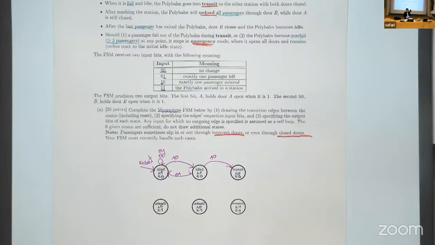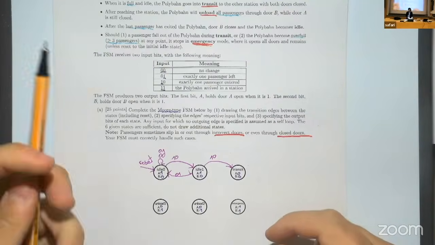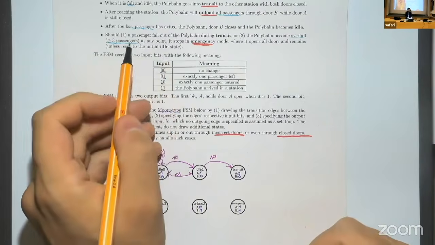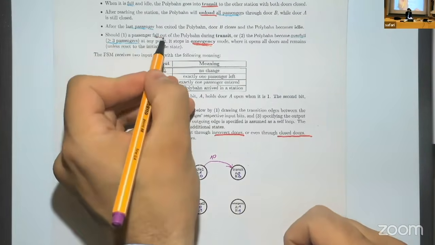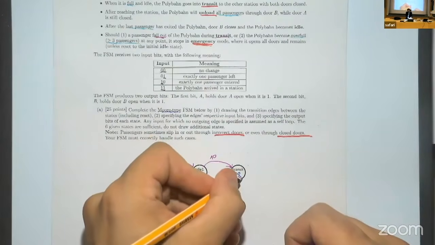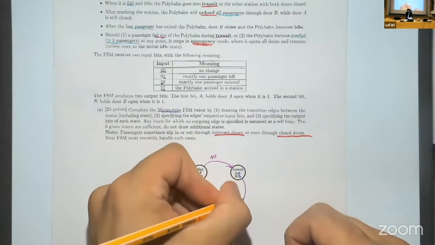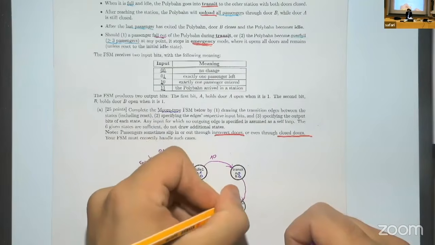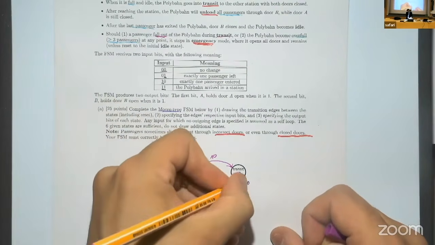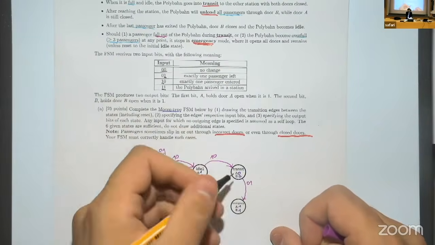Now during transit, what happens? If you have a passenger entering or leaving. If a passenger leaves during transit, I guess they fell out, as specified here, it should go into emergency mode. Sure, let's try to avoid losing passengers along the way, but if we do, we go into emergency.